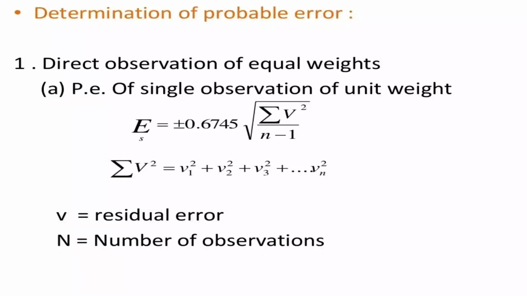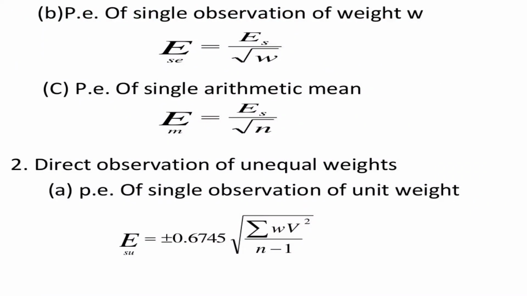V is the residual error, and n is the number of observations, the number of readings. Then the probable error of a single observation of weight w is E equal to E base S divided by root of w. The probable error of the arithmetic mean, E base M, is equal to E base S divided by root of n, where n is the number of observations.